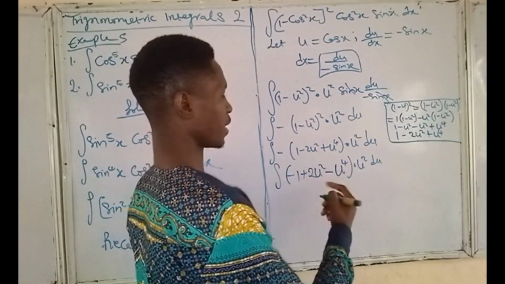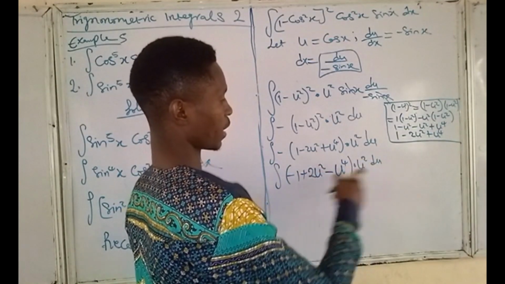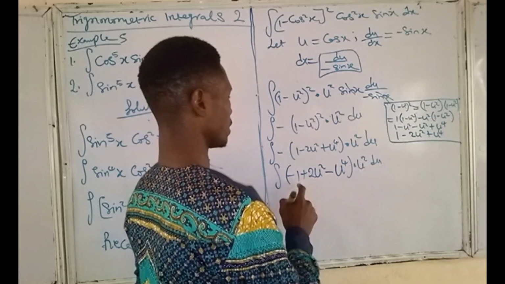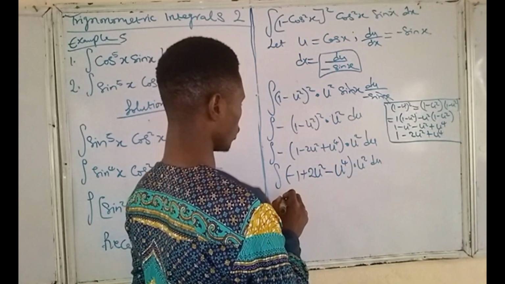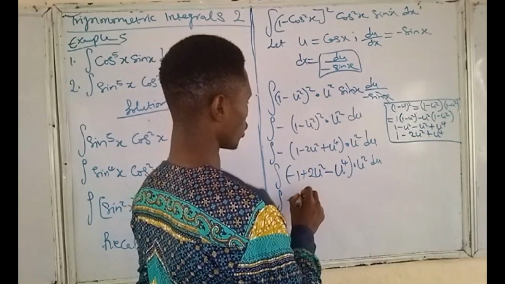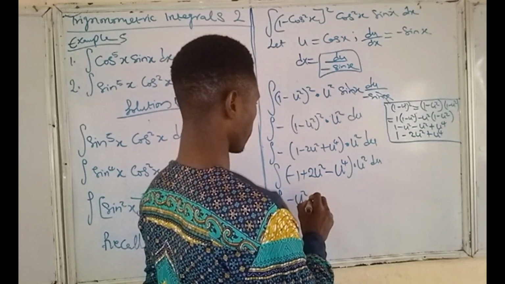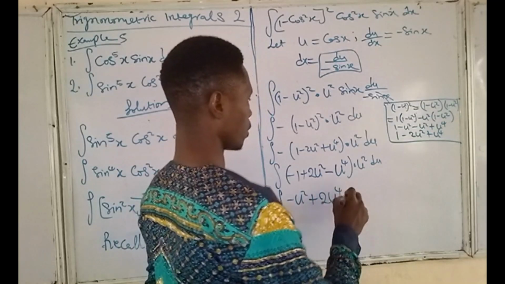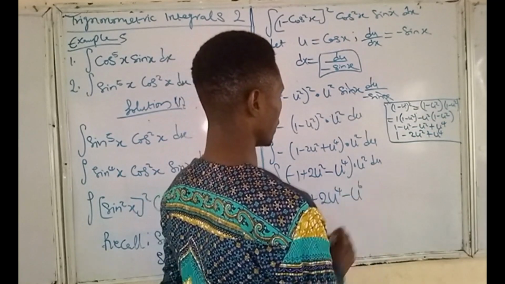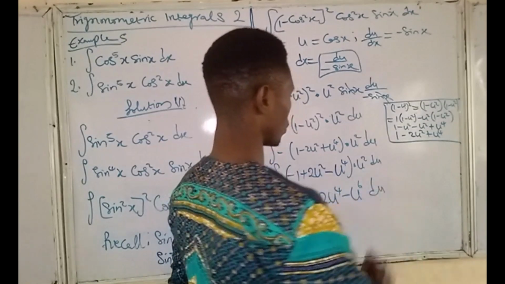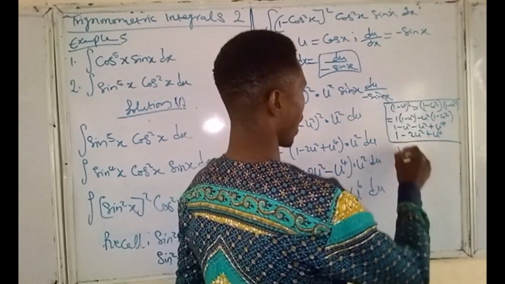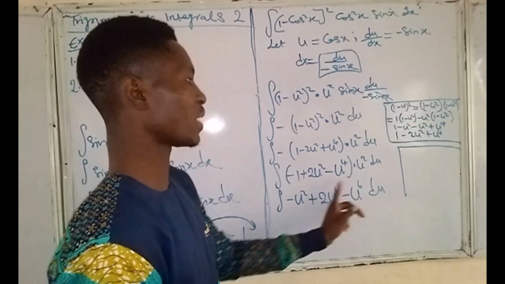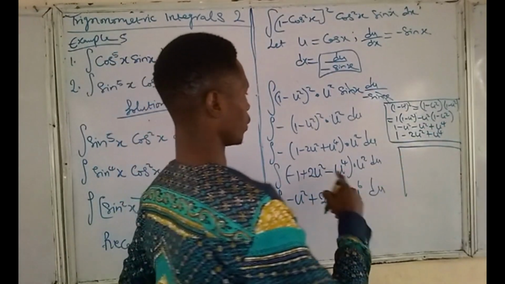Okay. Final step. We are expanding this bracket with this. So u² times this times 1 is going to give us minus u² plus 2u power 4 minus u power 6 du. In case you don't understand why the powers are increasing, it is simple.